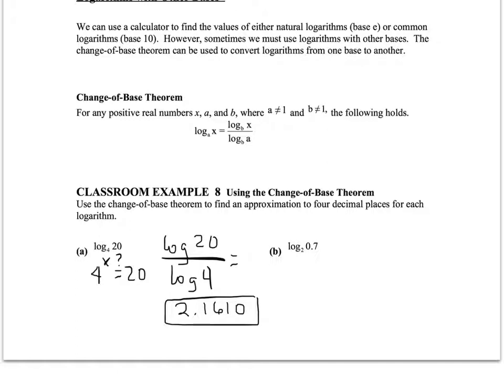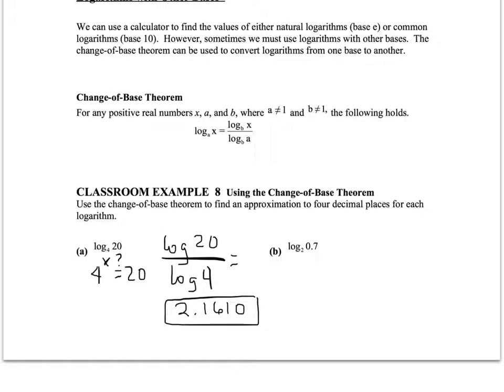Now that 0 is necessary because the instructions said round to the nearest ten-thousandth. There are 4 places to the right of the decimal. That means that if we don't include the 0 and we put 2.161, it appears that the answer was exactly 2.161. The 0 indicates we did round to get this answer.